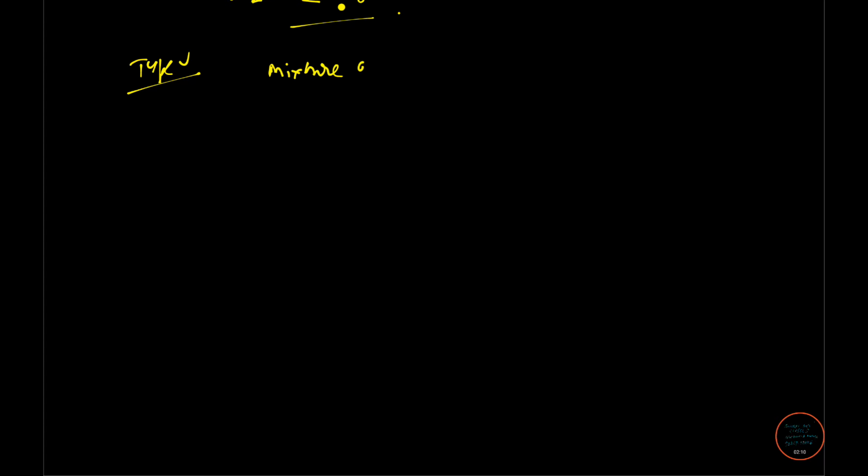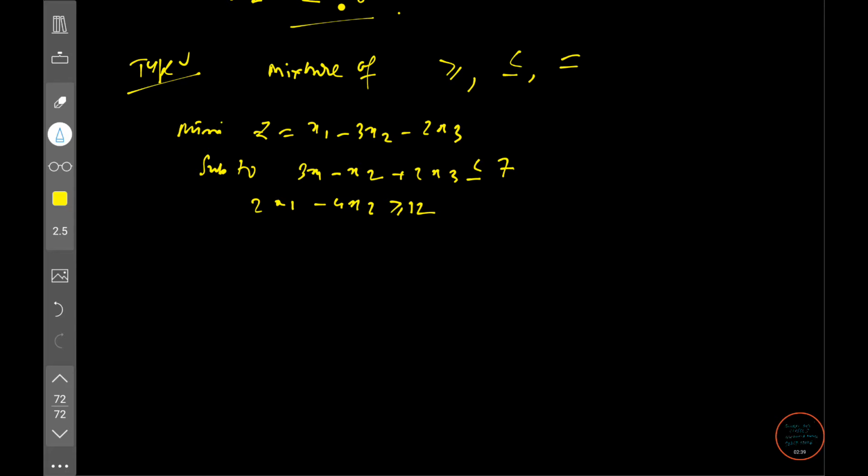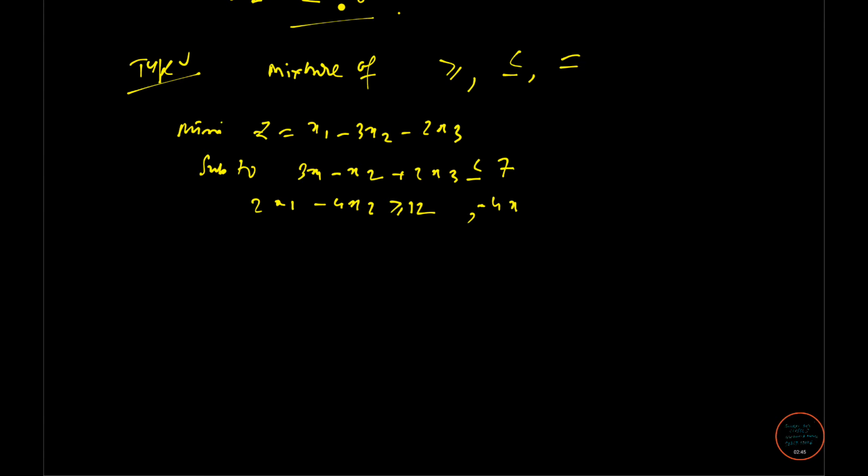Now what happens if it is a mixture of greater than, less than, and equal to? So this one will be a little bit more interesting. So z equal to x1 minus 3x2 minus 2x3, subject to 3x1 minus x2 plus 2x3 less than or equal to 7, 2x1 minus 4x2 greater than or equal to 12, and the third is 4x1 plus 3x2 plus 8x3 equal to 10.